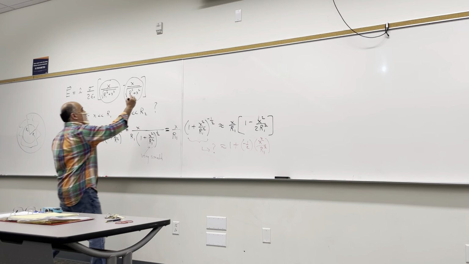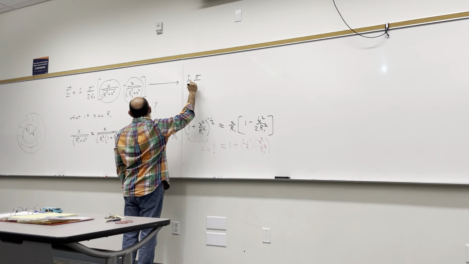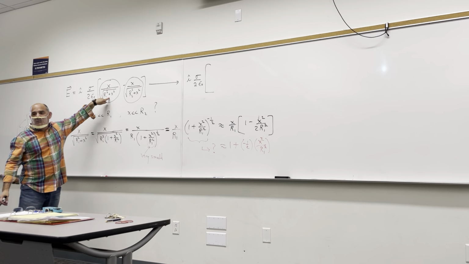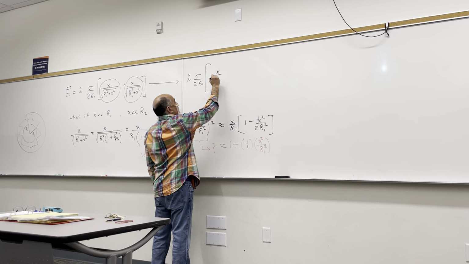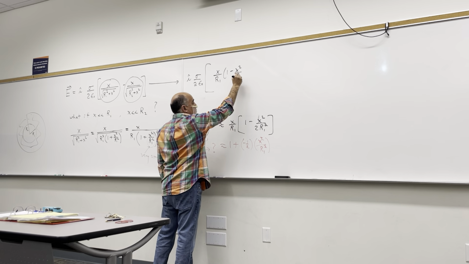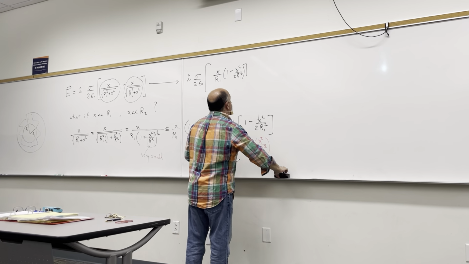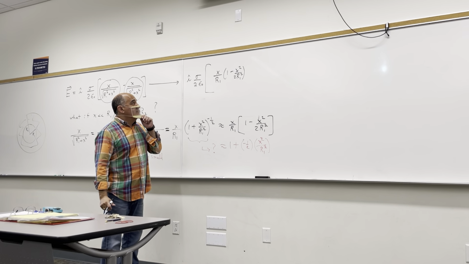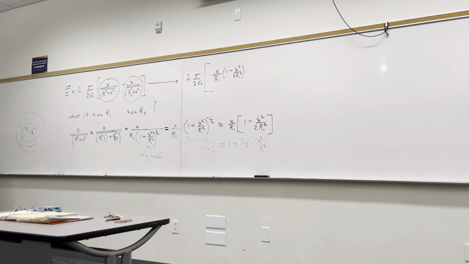So therefore, what does this expression become? Well, I have I hat sigma over 2 epsilon naught multiplied by this term. Now, what does this term become? It becomes x over r1 times 1 minus x squared over 2r1 squared. And then I have to subtract the contribution from the other term.